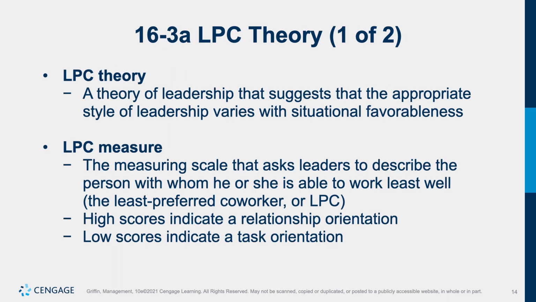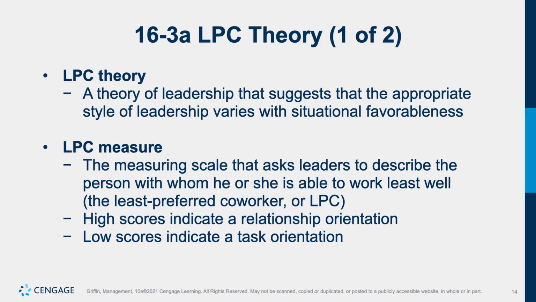The least preferred co-worker theory. This is a theory of leadership that suggests that the appropriate style of leadership varies with situational favorableness. This theory argues that the style of behavior is a reflection of the leader's personality, and that most personalities fall into one of two categories.